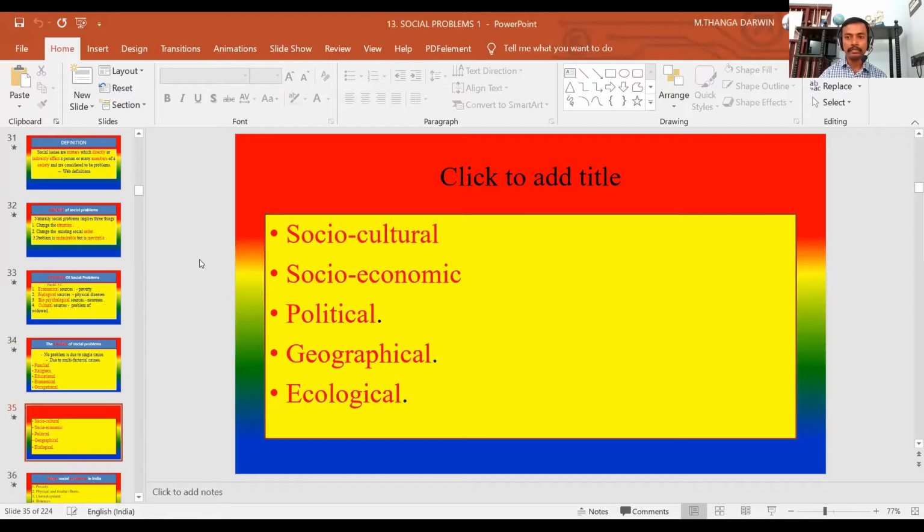The fact is that all these factors contribute to every social problem. The main factors are familial, religious, educational, economic and political.